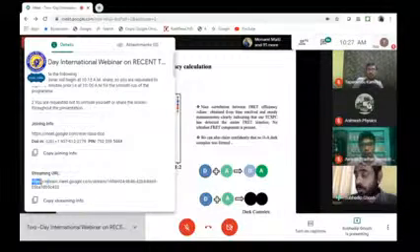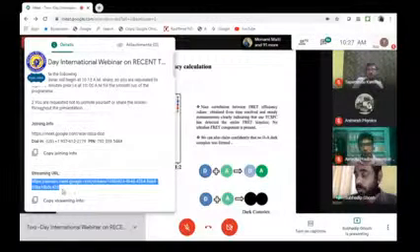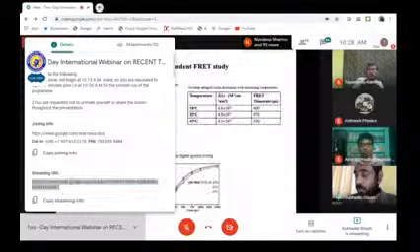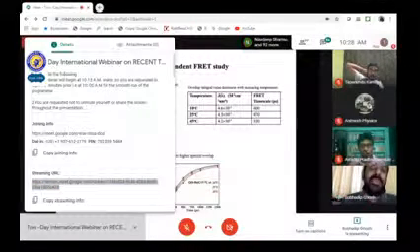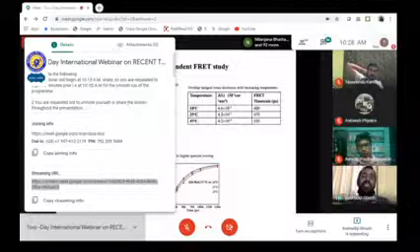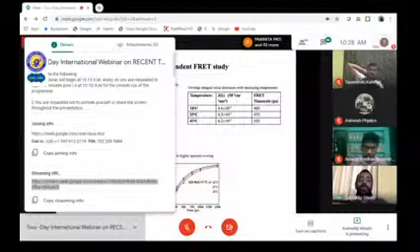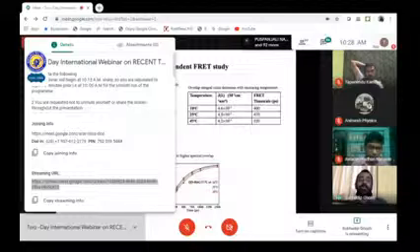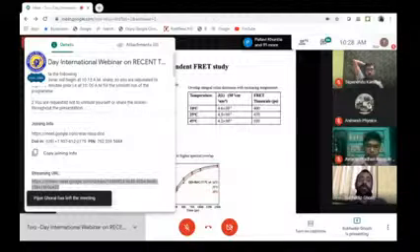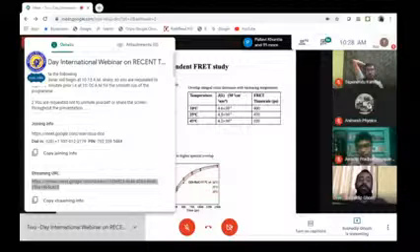It shows the emission spectrum of the quantum dot, and this is the absorption spectrum of the quantum dot, and you will find the extent of overlap between the donor emission and the acceptor absorption. It is from 400 by 20 nanometer.